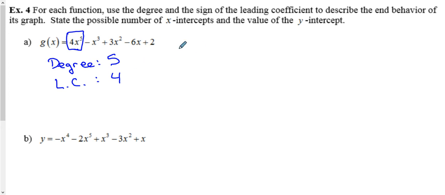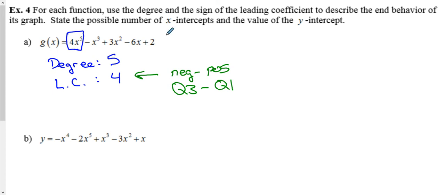Because it's a positive leading coefficient, most likely we went from a negative to a positive in terms of y values. And if it's degree 5, negative is usually in quadrant 3, positive in quadrant 1. So quadrant 3 going off to quadrant 1.